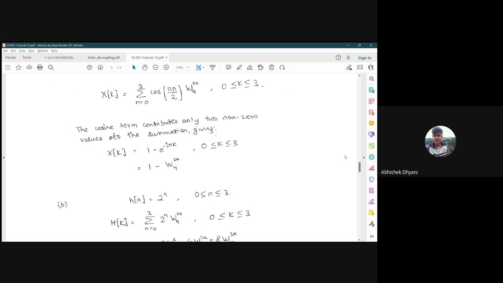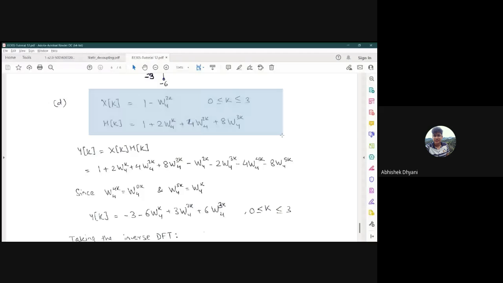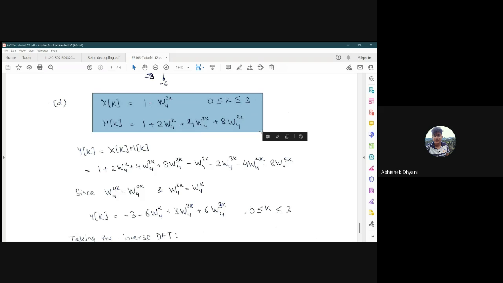So this is the D. These are the sequences H of k, X of k and H of k which were obtained from part A and B, right? All we have to do is find out capital Y of k by multiplying these two. I've just written down what we got from part A and part B of this question, and then we multiply them together.